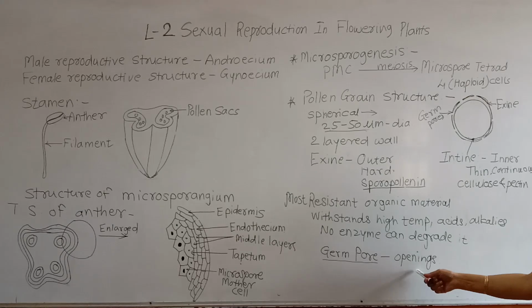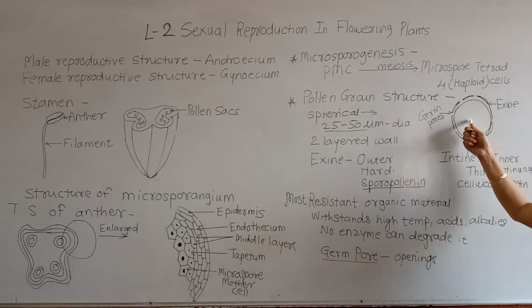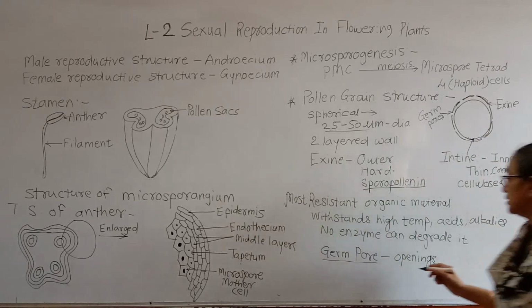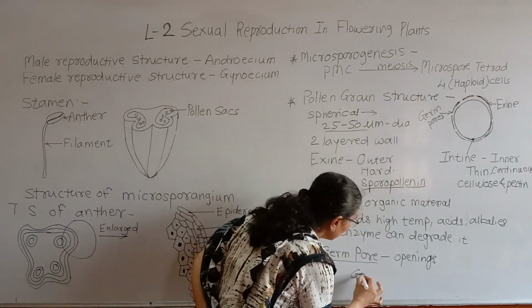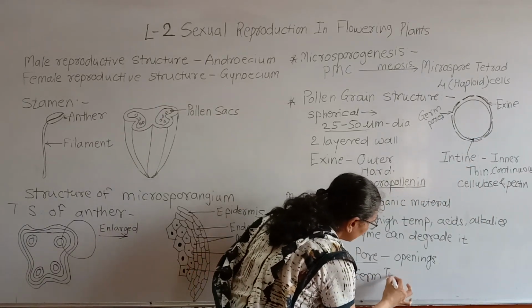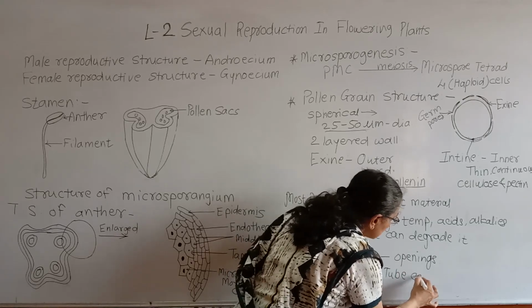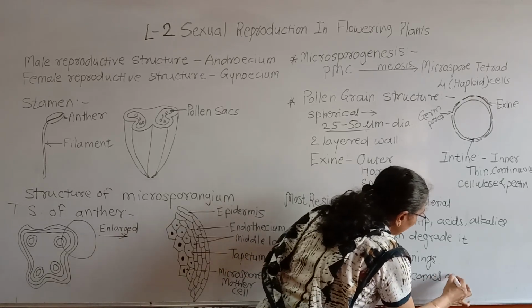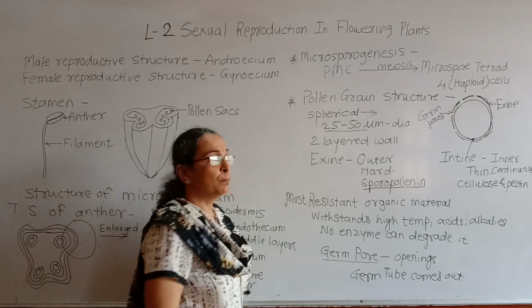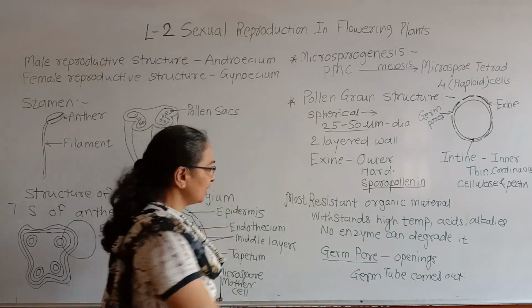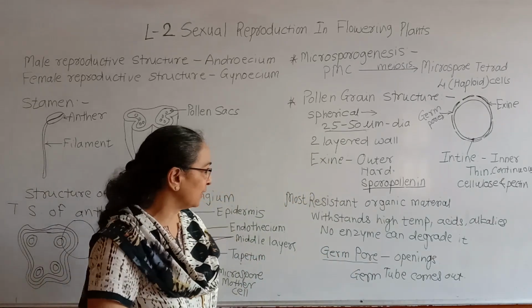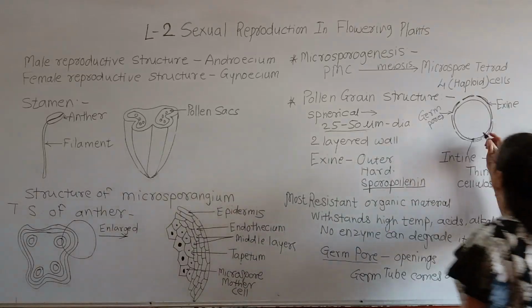The importance of this germ pore is that when the pollen grain germinates, the germ tube comes out of it through the germ pore. After the germination of the pollen grain, the germ tube comes out.